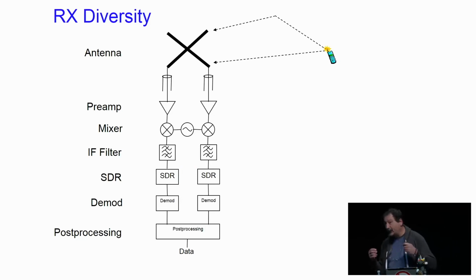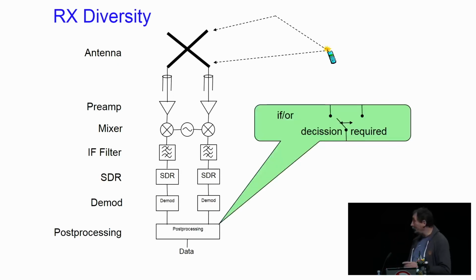And what do I do with the 2 signals that I have received from the mobile device with my 2 antennas? There are, roughly speaking, 2 ways. I can either, in the post-processing, have a switch that switches to the path where the mobile device can be received with the best quality, and someone has to switch that toggle switch via software.